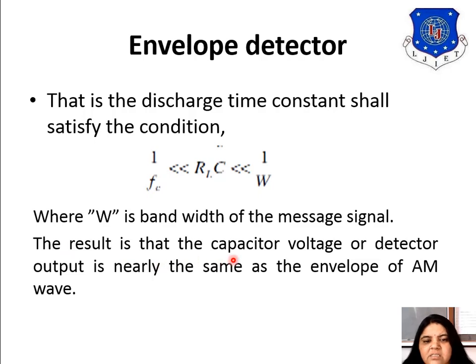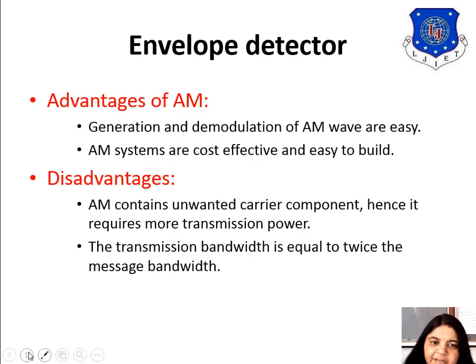This results in the capacitor voltage, or the detector output, being nearly the same as the envelope of the modulated AM wave. So that is about the envelope detector.